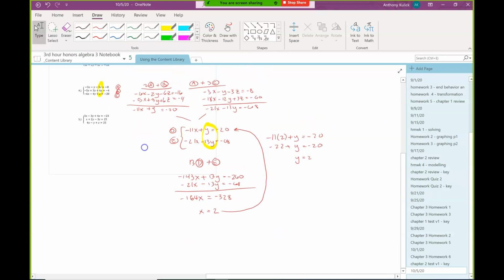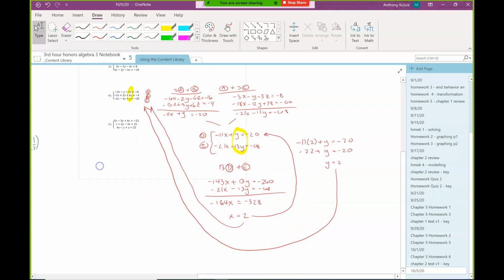And then I'll take both of those answers and plug them back into A, B, or C. For the sake of argument, let's plug them into C. And that'll allow me to solve for D. I'm sorry, for Z. It's getting alphabet soupy up in here, huh?